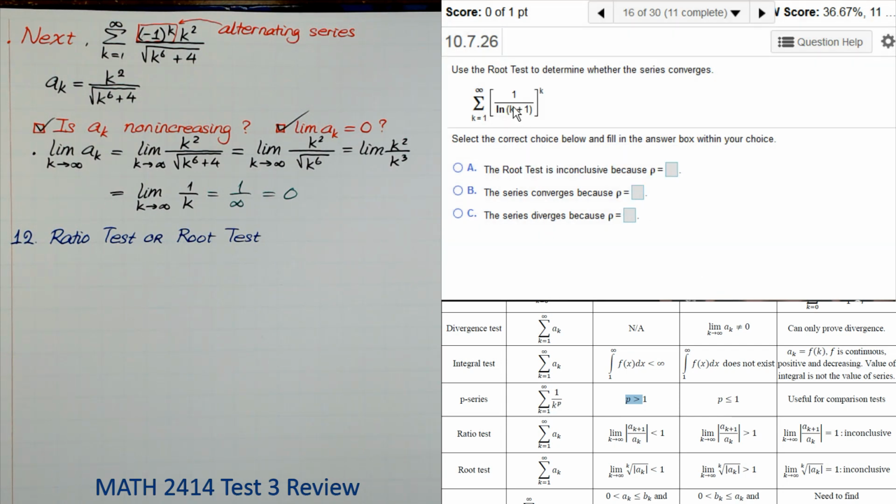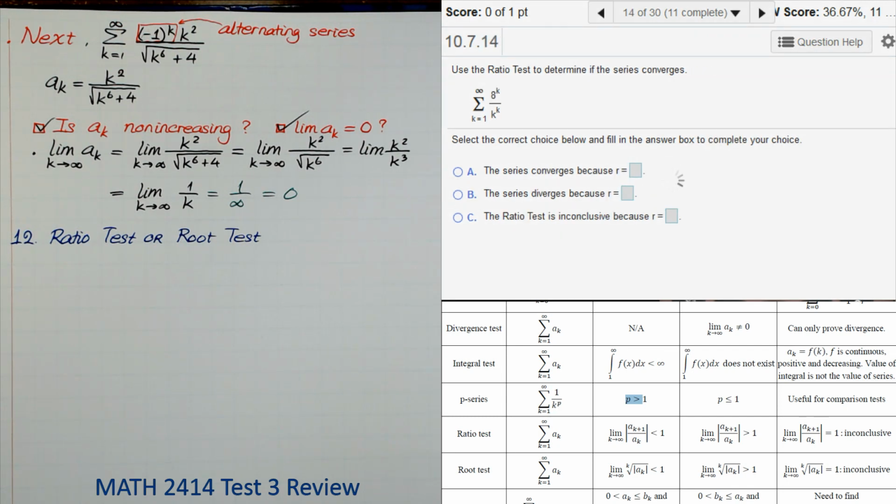Usually if we have the whole thing raised to the k power, that is the root test. But other than that, we can use the ratio test. On this problem, if we can bring it all under the k as a whole, this one can use the root test as well.